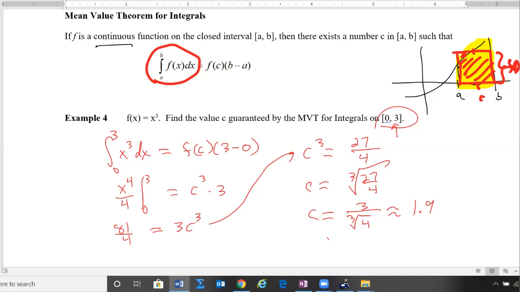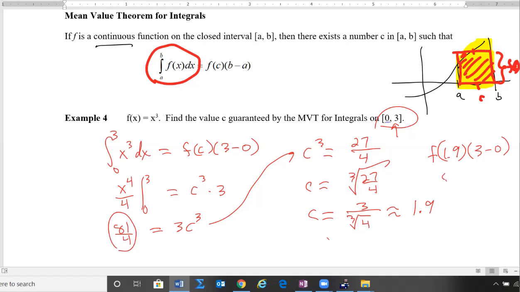And essentially what it's saying is that if you take that height, like I was saying up here, say f of 1.9, and you multiply it by the 3 minus 0, you should get that integral, the 81 over 4. You should get that.